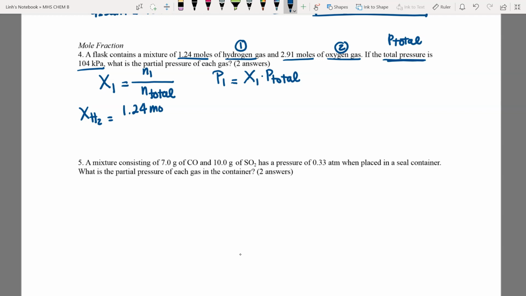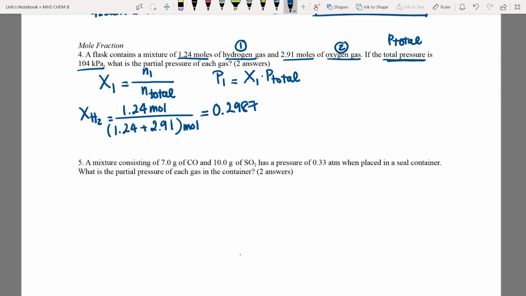That's going to be 1.324 moles of hydrogen gas over the total moles, which is the hydrogen gas combined with the moles of oxygen gas, 2.91. And that should give me 0.2987. Remember that there's no unit for mole fraction, so we just leave that number as is.